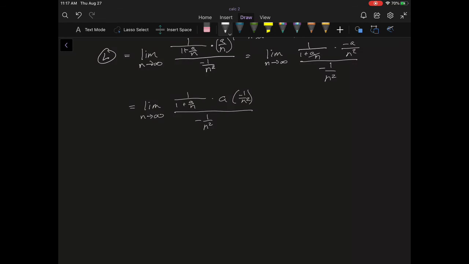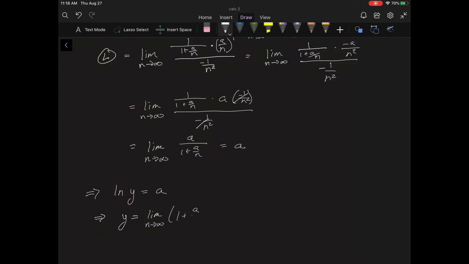And in doing so, we get the limit as n approaches infinity of a over 1 plus a over n. Now taking that limit, we get a over 1 plus 0, which is just a. But remember that that's the log of the function that we wanted to take the limit of. So y, which is equal to the initial limit, is going to be equal to e to the a.